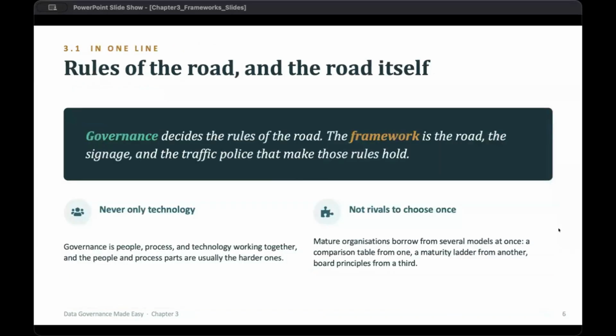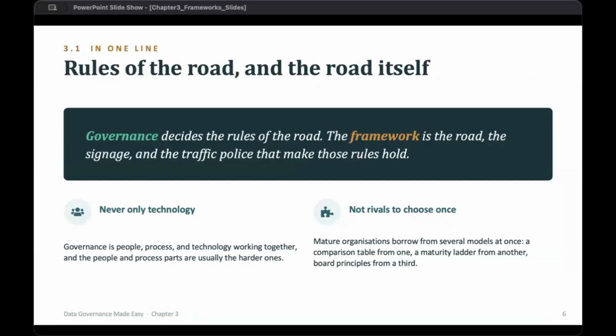The document that will give us the guidance is what we call the data governance framework. Governance is like the DVLA rules concerning driving and the road signs and what they mean.